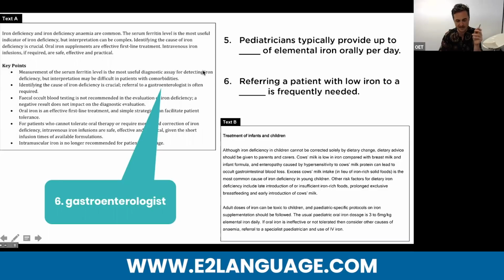How many right answers, correct answers, do we need to get to pass this? It depends. I'm quite sure the way that they mark this, they have relative marking, not absolute marking. What that means is you're actually marked against your peers, or all the people who take OET on that particular day.